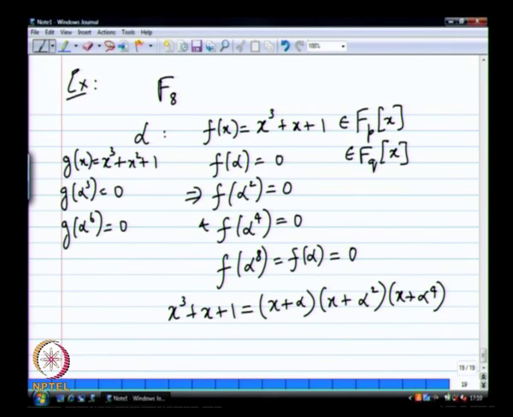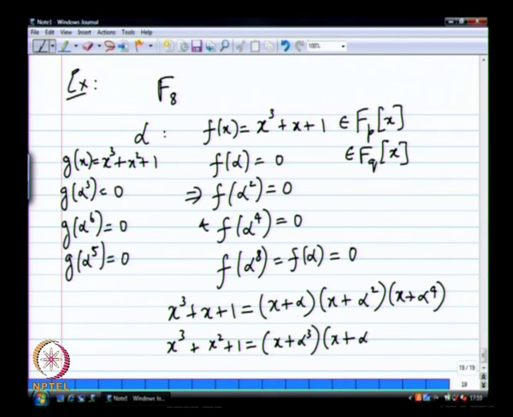Alpha power 12, which is alpha power 5, because alpha power 7 is 1. So g of alpha power 5 is also 0. So clearly x power 3 plus x squared plus 1 should be x plus alpha power 3, x plus alpha power 5, x plus alpha power 6.